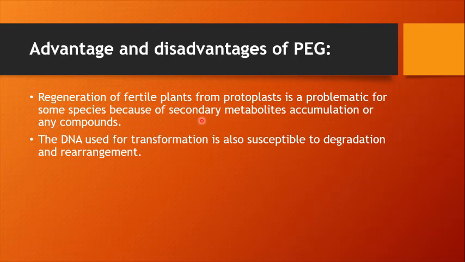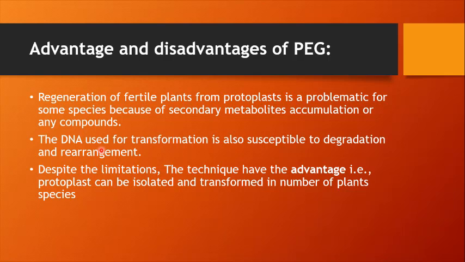This is one major disadvantage of polyethylene glycol mediated gene transfer. The DNA used for transformation is also susceptible to degradation and rearrangement. This is another disadvantage as compared to the previous method which we have studied, the liposome mediated gene transfer. In that the gene of interest is subject to degradation, but it is very low. But here there is a greater chance of degradation of our target DNA.